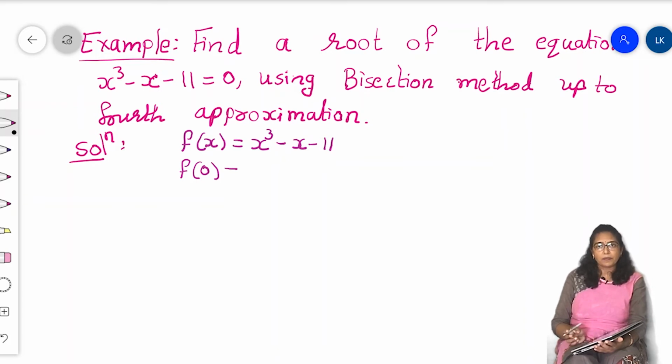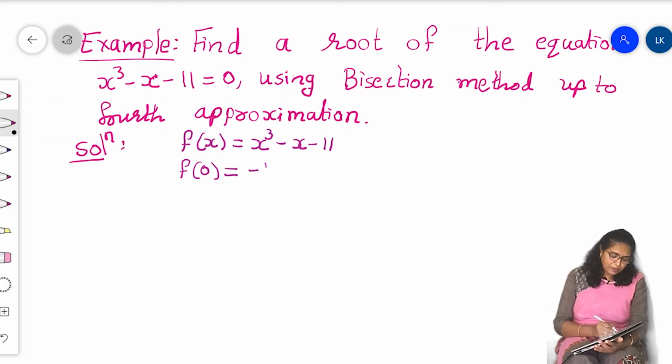But how many steps? The first step is to find two consecutive values, small a and small b, such that fa into fb is less than 0. Now, first find f of 0.